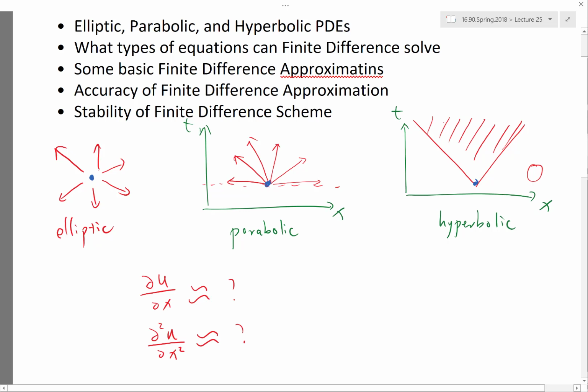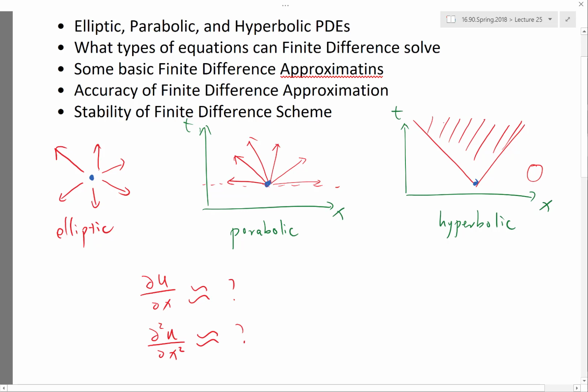Now, how to analyze stability? What we talked about so far is that we discretize the partial differential equation into a system of ordinary differential equations, right? If the differential equation is linear, the discretization gets us a system of linear ordinary differential equations. And after that, how do we analyze stability? Matrix, right? Eigenvalues.